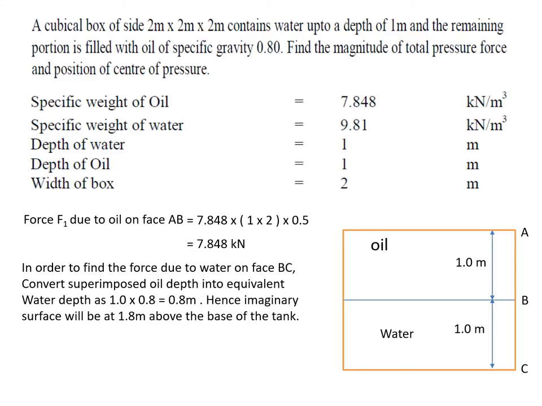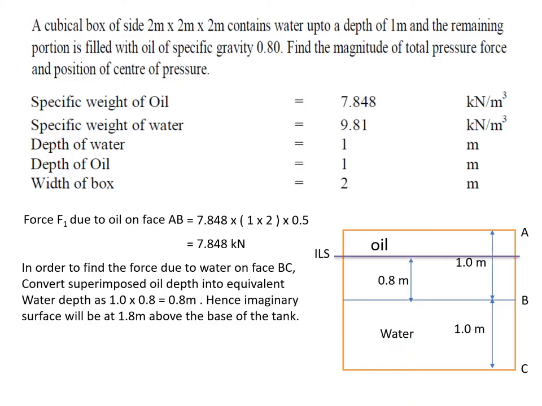Therefore what is done is that the oil depth is converted into an equivalent water depth by multiplying by its specific gravity, that is 1 into 0.8, which is 0.8. Therefore an imaginary liquid surface will be at a distance 1.8 above the base of the tank. So in order to calculate force F2 on BC, you should take the imaginary liquid surface.